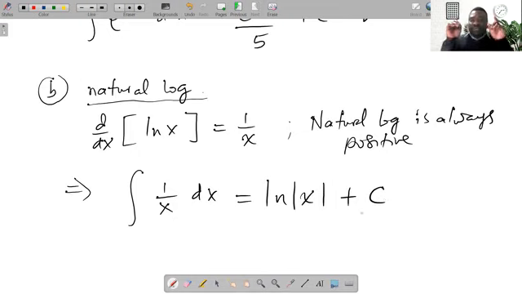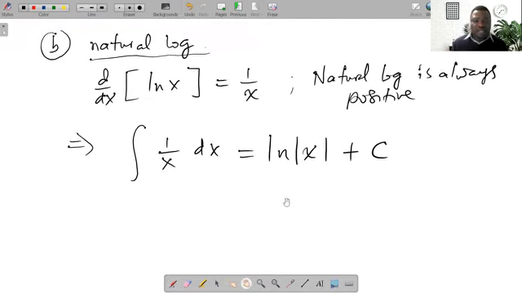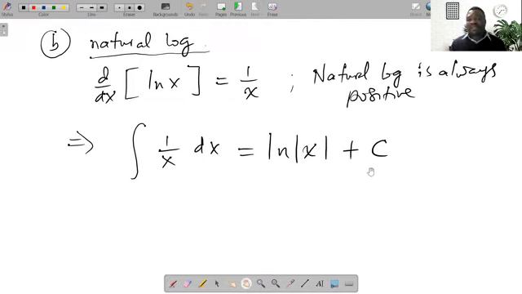The absolute value is because we want to get rid of any negative value, because the natural log should always be positive. That is the main reason why we write it like this. So take note of it carefully, that anytime you have a case like this, it is always going to give you that.